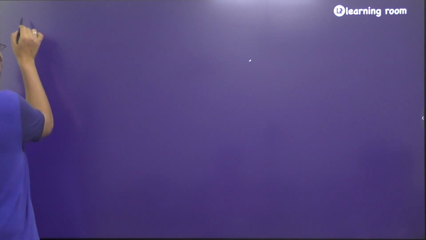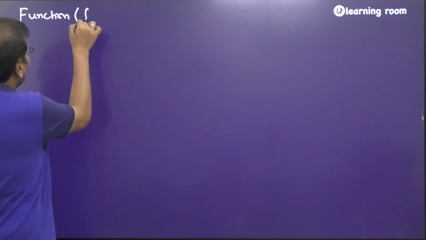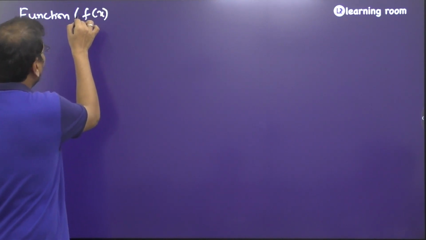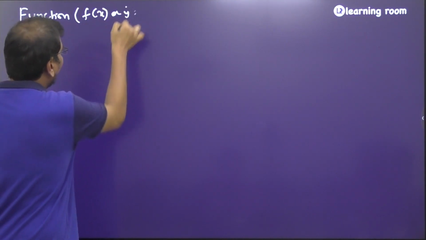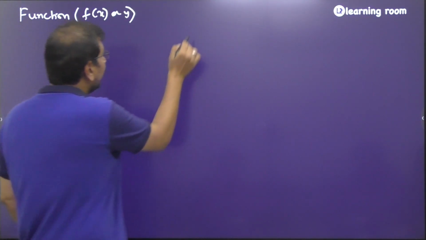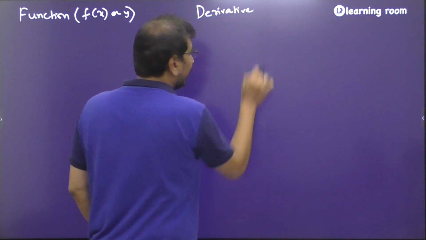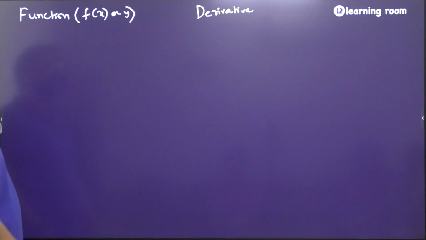So here I'll write it like this: function, which is f of x, or I'll call it y also. y or f of x being the same. And here the output of differentiation is called the derivative.